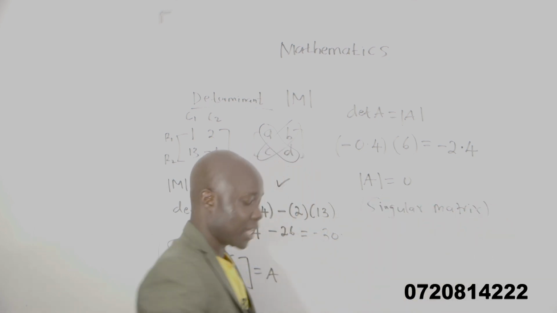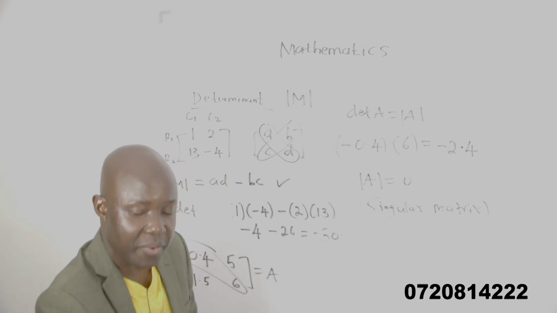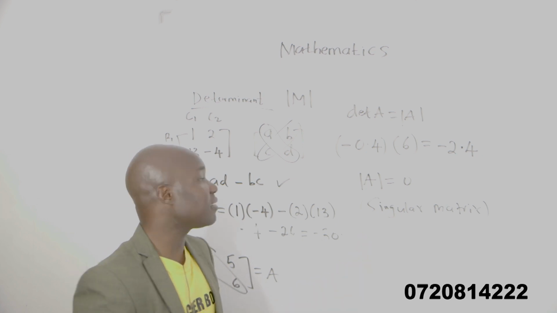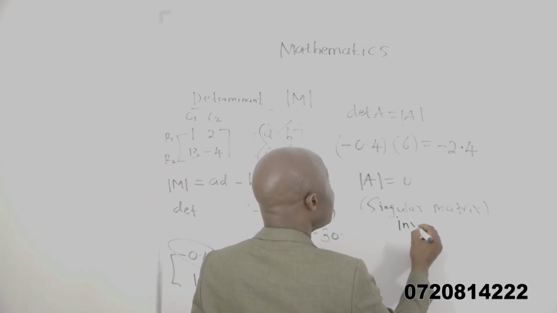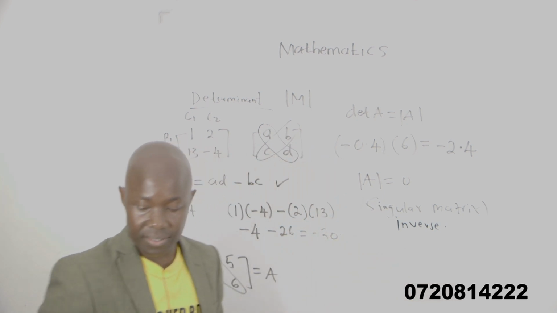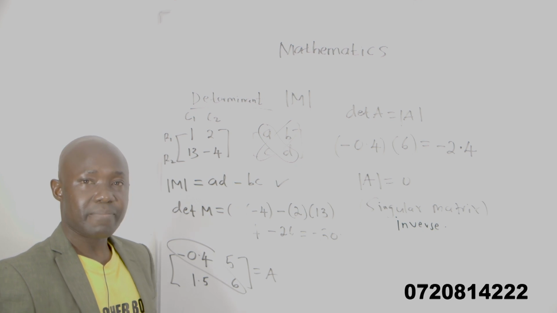So throughout your calculation and the study of maths, when you find that a matrix does not have a determinant, which means an inverse will also not be found, it will be 0. That is called a singular matrix.